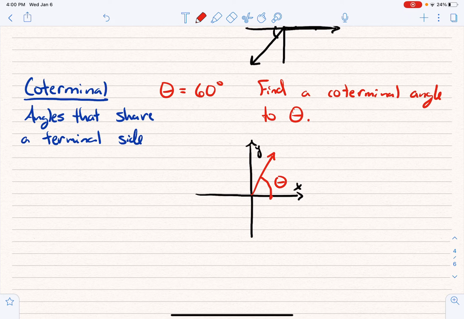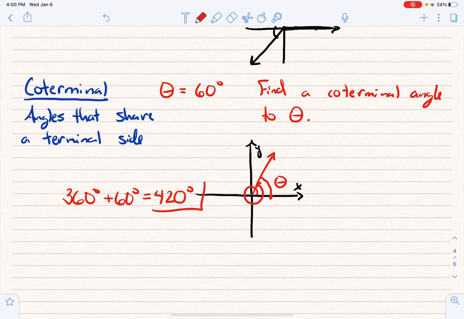What you could do is go all the way around and end right there. So you could go one full revolution and then 60 more degrees. And so you think about, well, what would that be? Well, that would be 360, that's one whole revolution, plus 60 more degrees, which would give me 420 degrees.